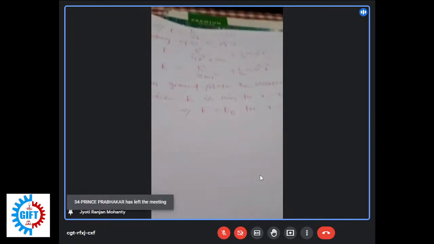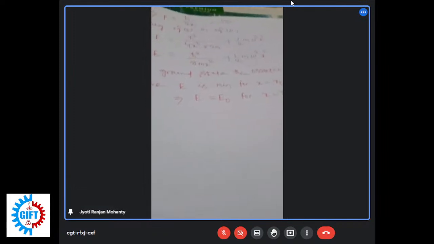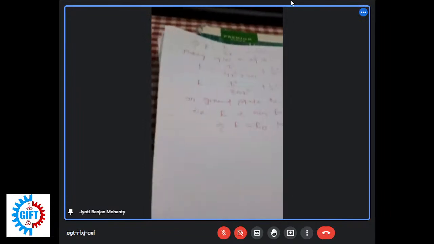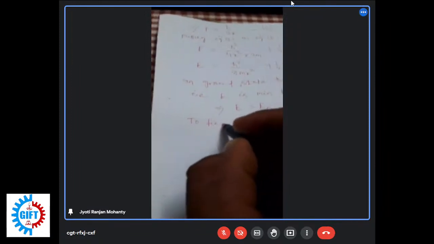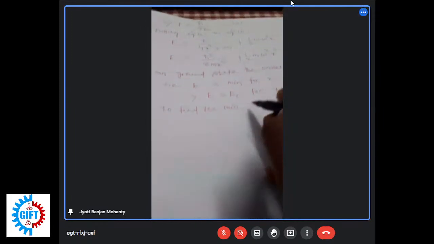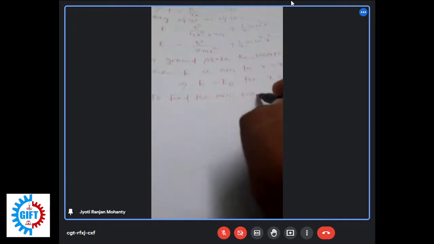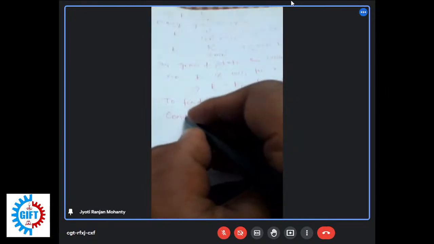But our objective is we have to determine the ground state. So to find the minimum energy, the condition is we have to apply one condition.